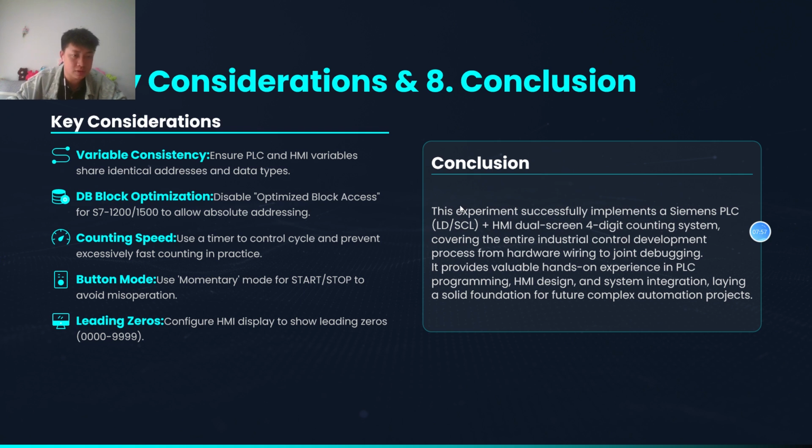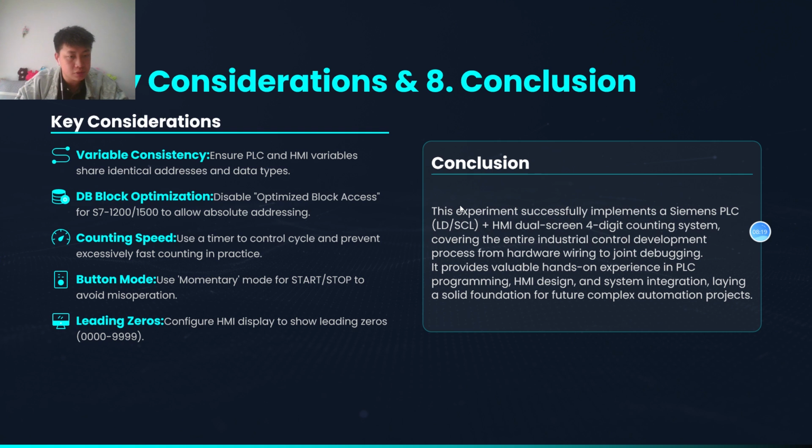variable consistency: ensure PLC and HMI variables share identical address and data types. DB block optimization: disable optimized block access to allow absolute addressing.